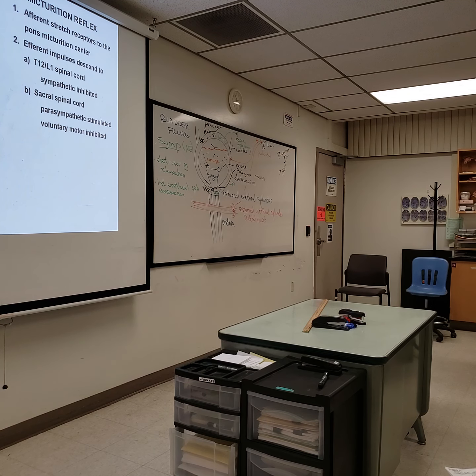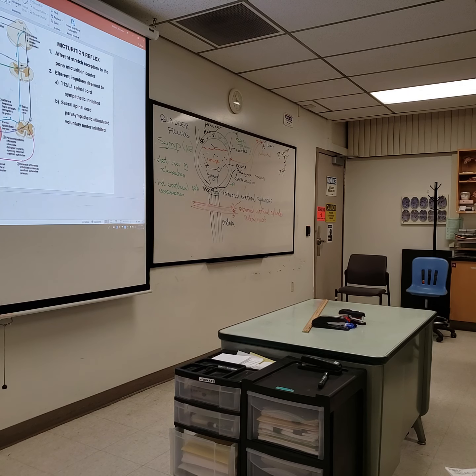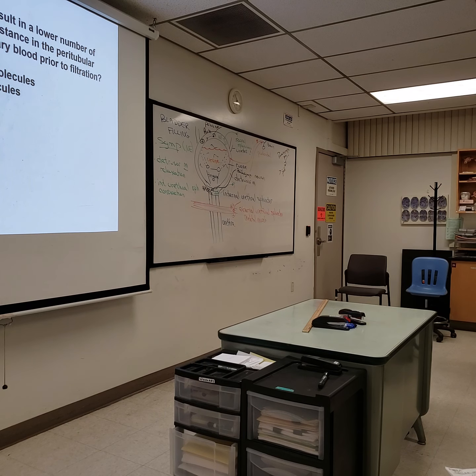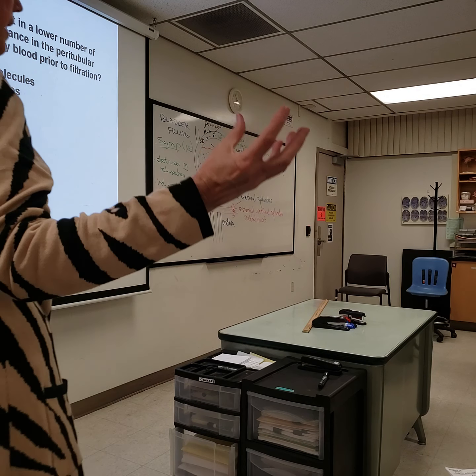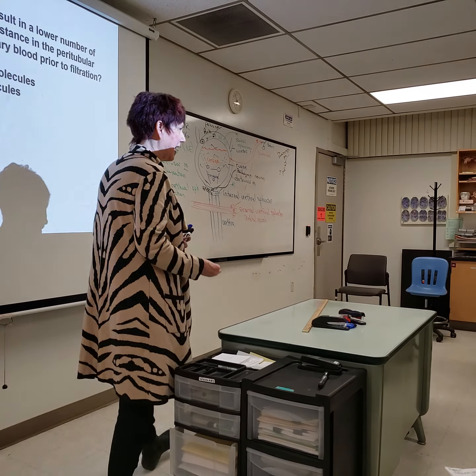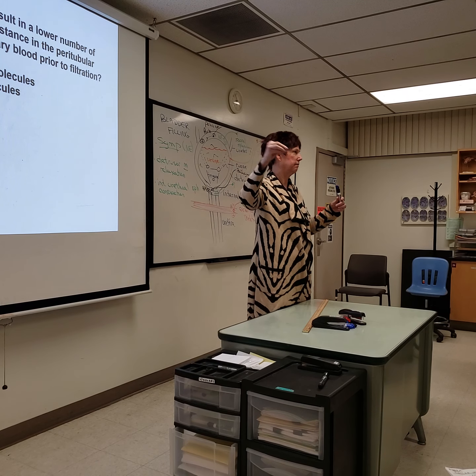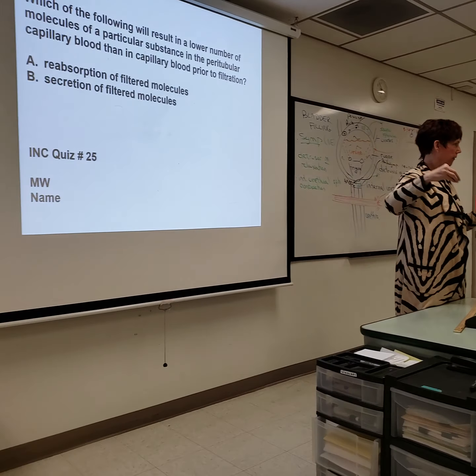All righty, let's take some questions or answer some questions. So which of the following, A or B, would result in a lower number of molecules of a particular substance in the peritubular blood than what's present in filtration? So let's visualize that. We have blood coming in the afferent arteriole into the glomerulus and getting filtered. So we have particles A in the filtrate.